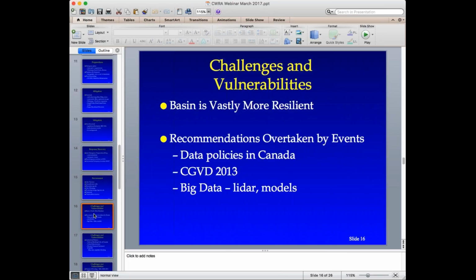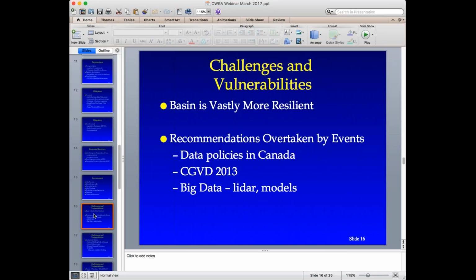Let's move on to challenges and vulnerabilities. First of all, it's clear that the Red River Basin post 1997 is vastly more resilient than it was prior to the 1997 flood. And a very significant flood can take place now in the Red River Valley with very little damage and relatively little flood fighting costs.